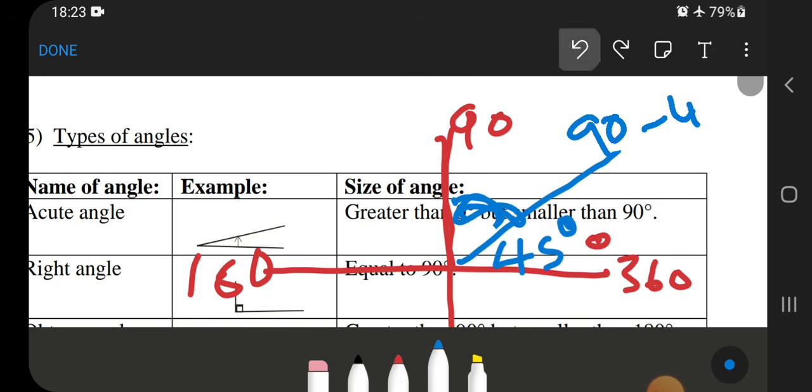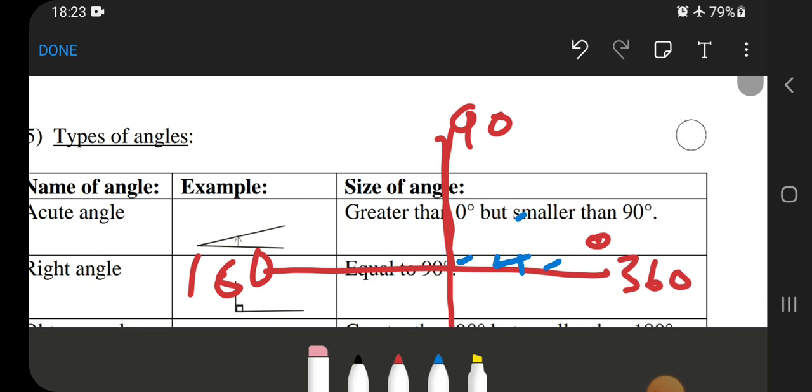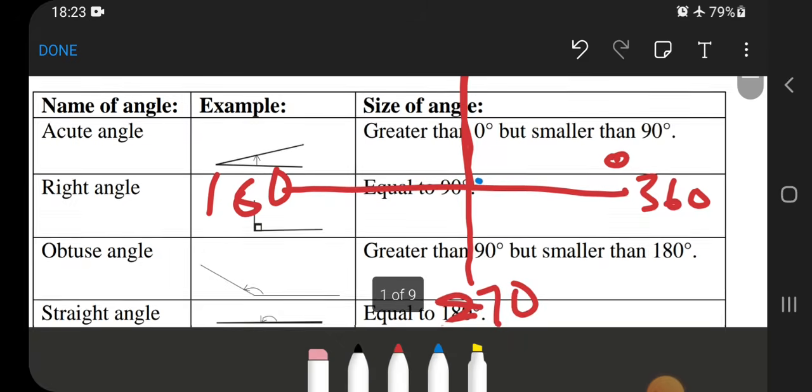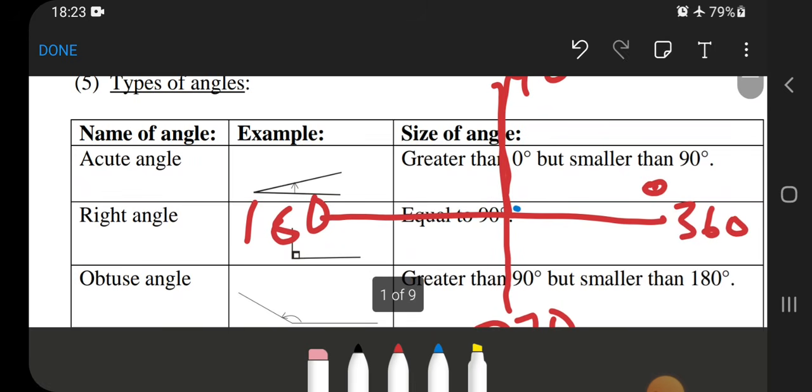That's what we do always. It's very important that you know this type of thing. Very, very important. So that is a right angle.